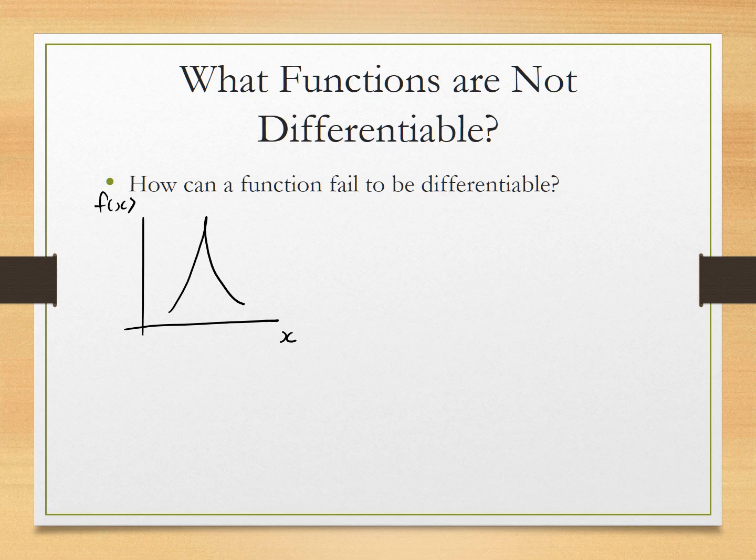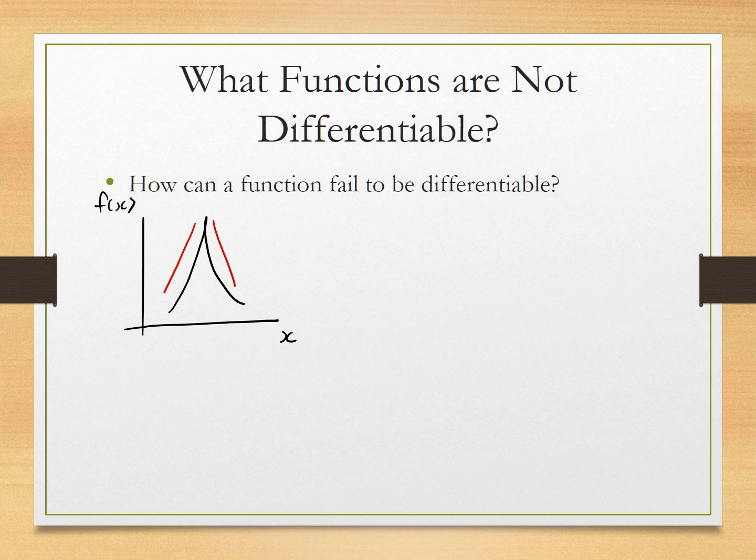A function like this one would not be differentiable. It's not differentiable because if you look at the approximate slope from the left-hand side and the right-hand side, one is upward sloping and the other is downward sloping. The approximate slopes from the two sides are completely different, and it doesn't improve. They don't get closer, even if you use very close points to do the approximation.